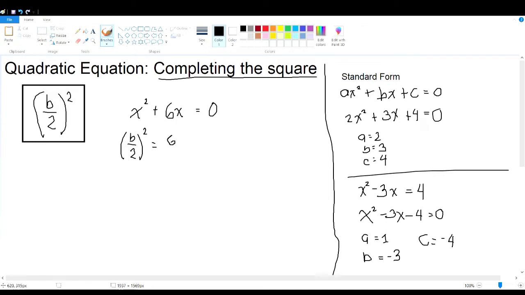So, that's (6 over 2) squared. Now, dito, anong uunahin mo? Are you going to simplify the fraction first or the exponent?